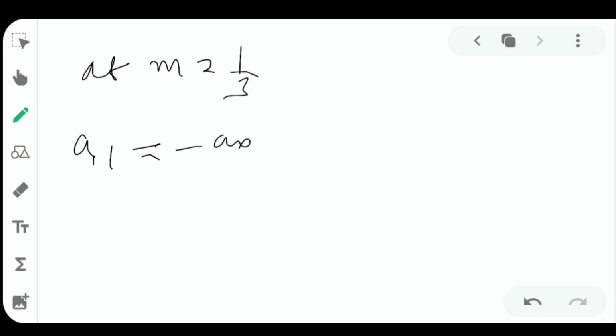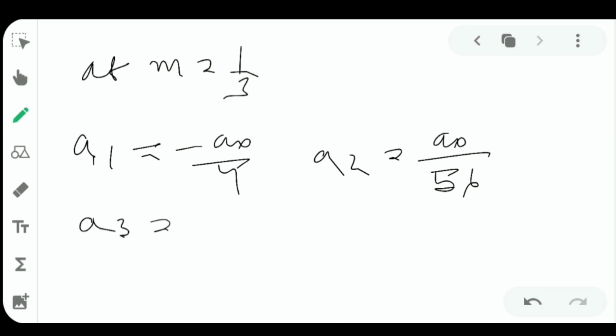a1 will be equal to minus a naught by 4, a2 will be equal to a naught by 56, and a3 will be equal to minus a naught by 1680.